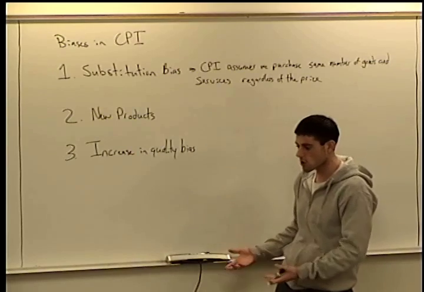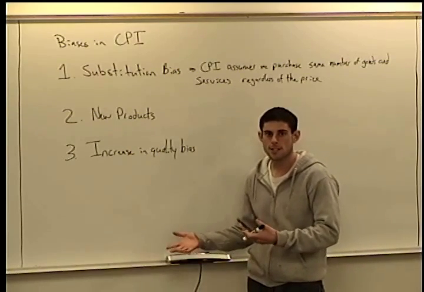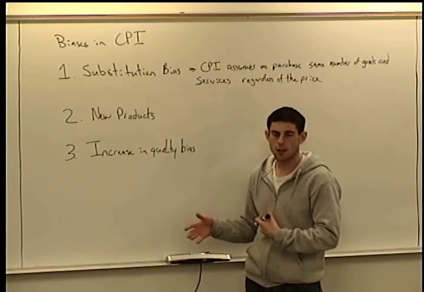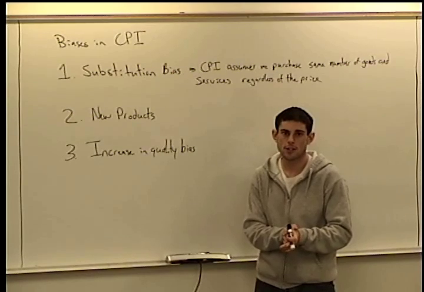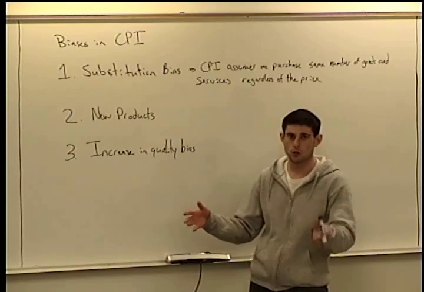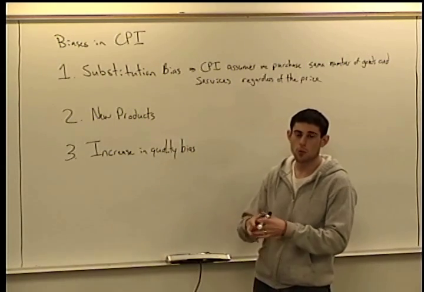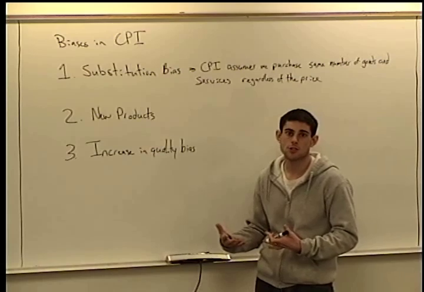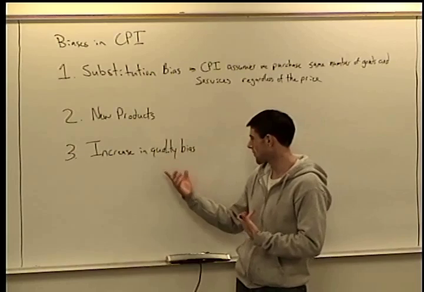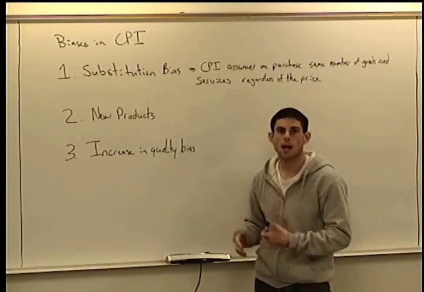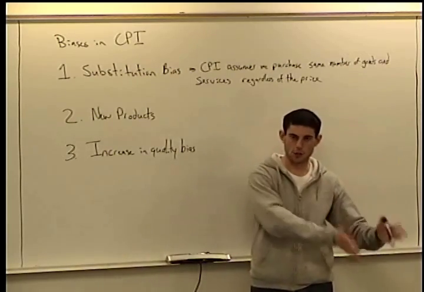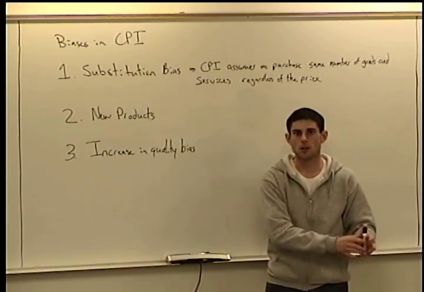If we're looking at Coca-Cola, that makes sense, because it hasn't changed. However, if we're calculating a can of Coke, which is 12 ounces, and now we're including bottles of Coke, which are 20 ounces, we're going from 12 ounces to 20 ounces, so we're getting more bang for our buck. That increase in quality, or in this case quantity, isn't going to be captured by the CPI. Because if you can't buy a 12-ounce can of Coke and you can only buy a 20-ounce bottle of Coke now, right?